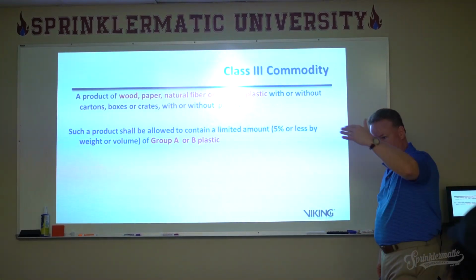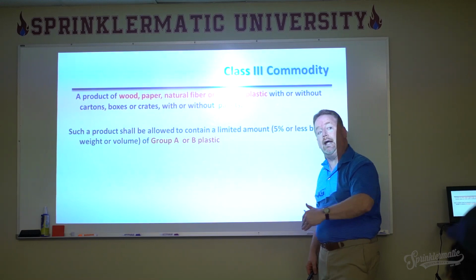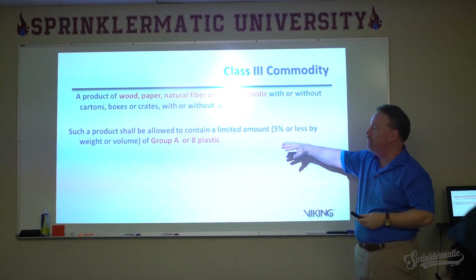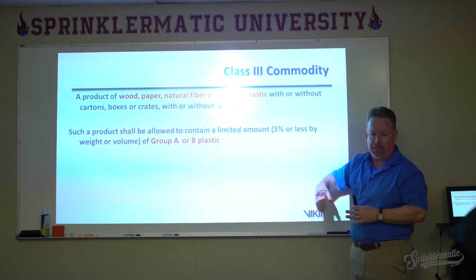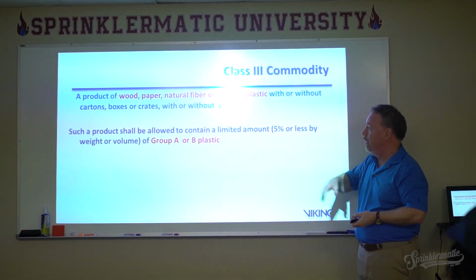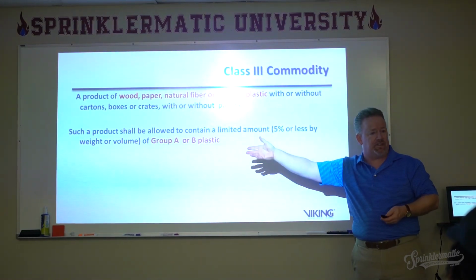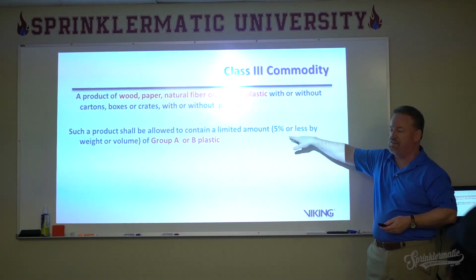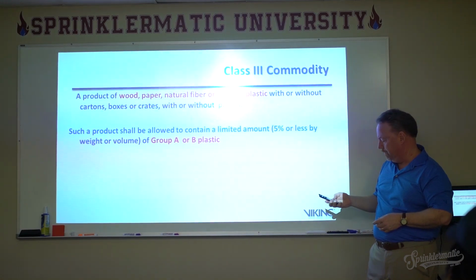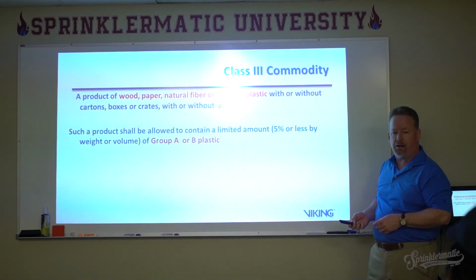So it kind of goes in reverse. We're going 1, 2, 3, 4, and then CBA is our reverse logic on the combustibility of the plastic. So group C plastics equal class 3 commodity. Group A or B can be brought in, except that we only allow a slight amount.